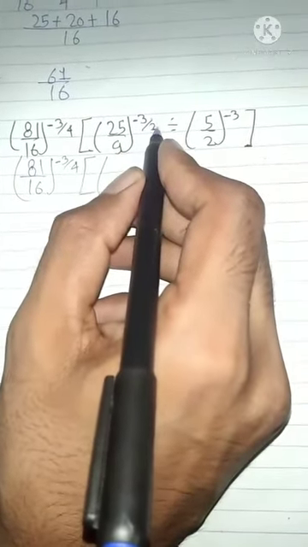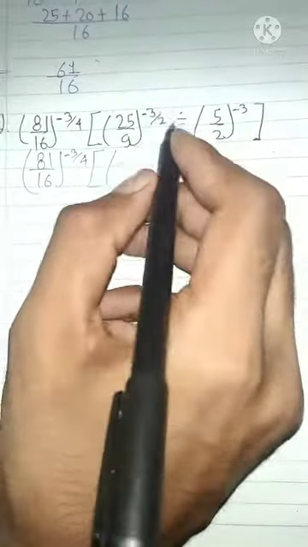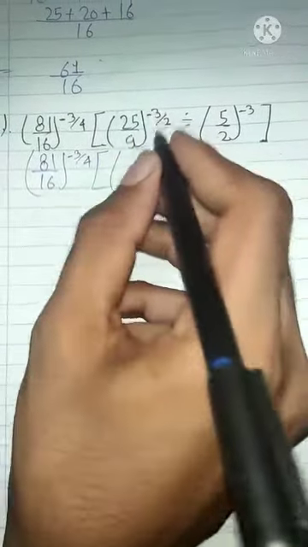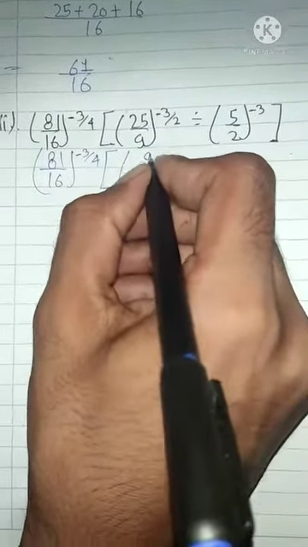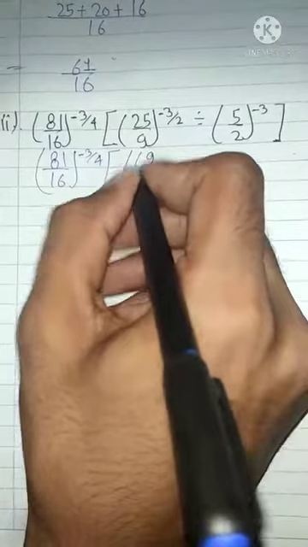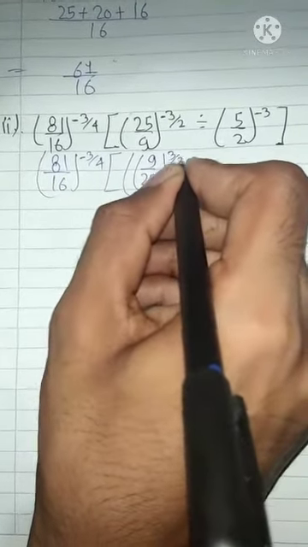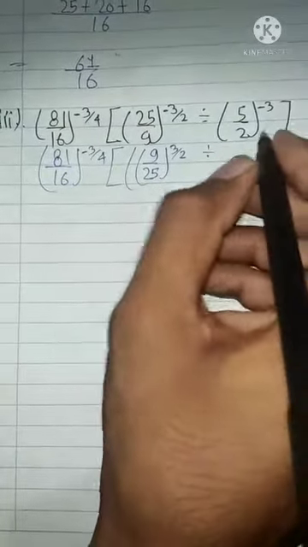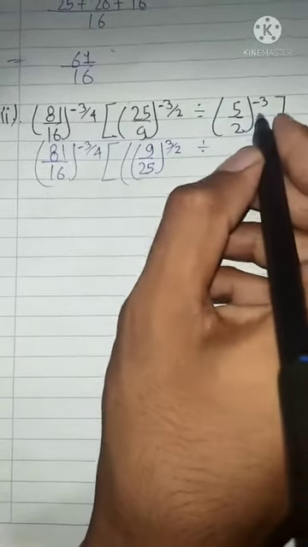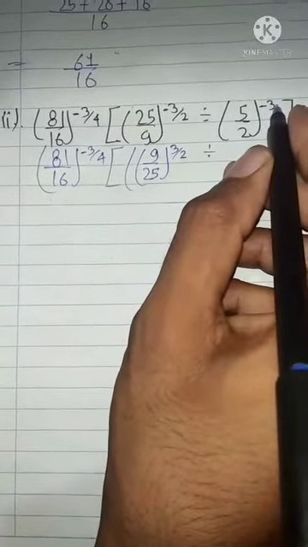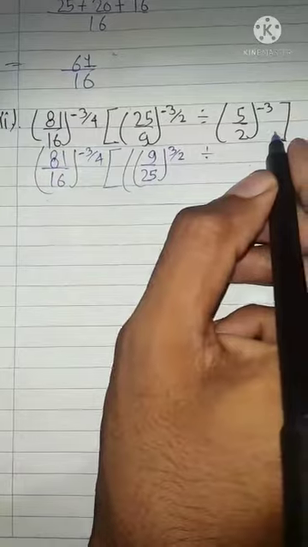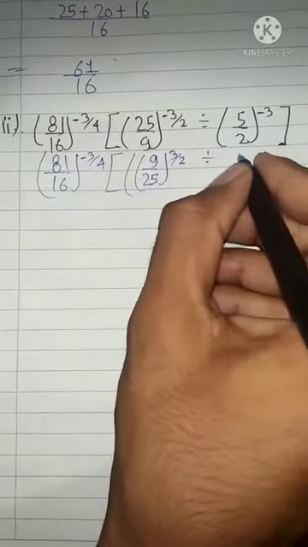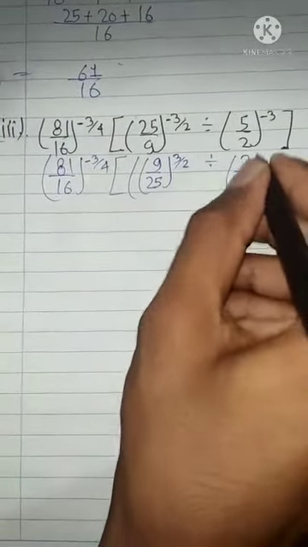When the exponent is minus, you take the reciprocal of numerator and denominator. So it becomes 9 upon 25 to the power 3 by 2, divided by, in 5 upon 2 to the power minus 3 the exponent is minus, so you also take the reciprocal of 2 and 5, so it becomes 2 upon 5 to the power 3.